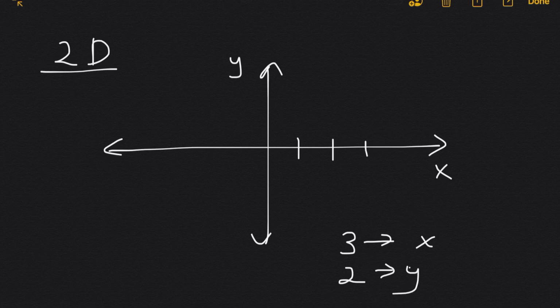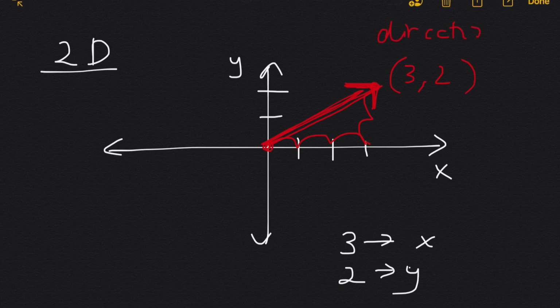What does this mean? 3 for x means I'm going to jump 1, 2, 3, and then 2 for y means 1, 2, and that's my final point starting from the origin, and that's my vector. Whatever this 3, 2 quantity represents.